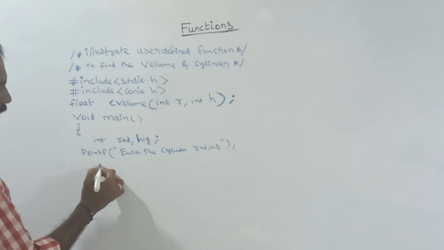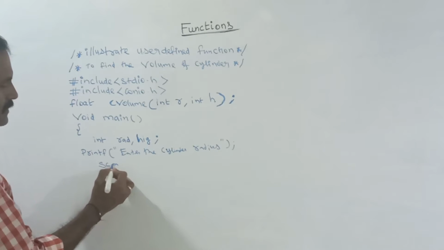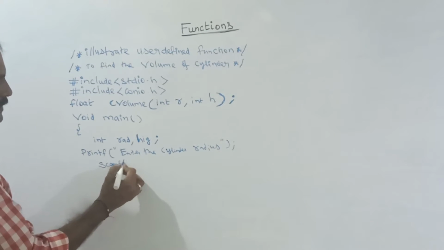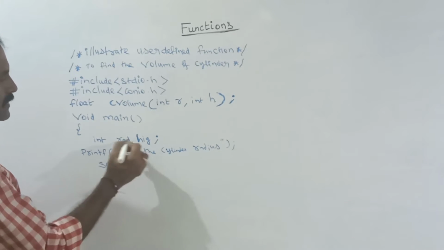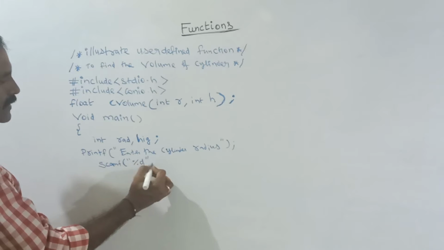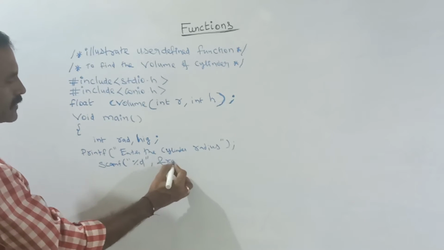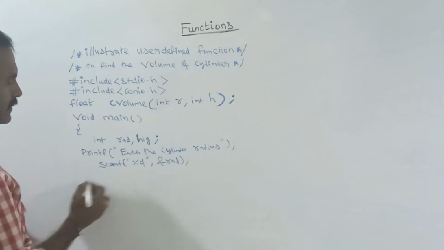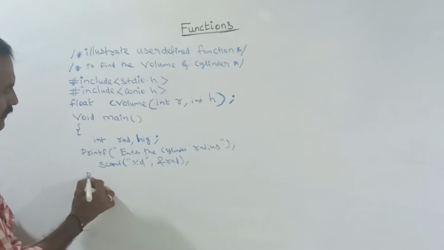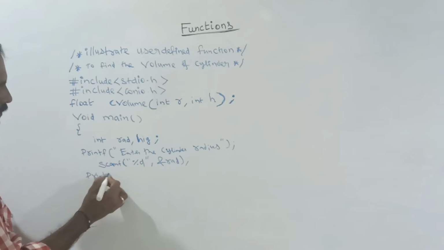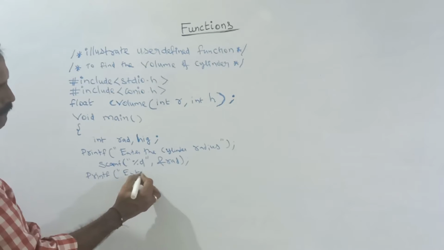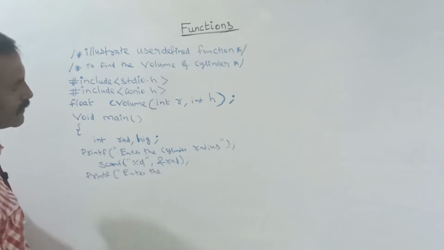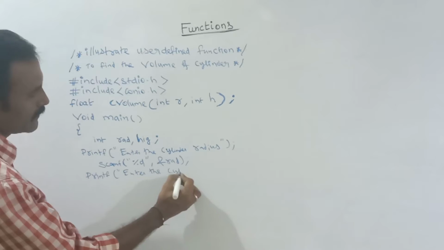With the help of the scanf function I am getting the integer data type, the radius value, that is rad. Next printf: enter the cylinder height.